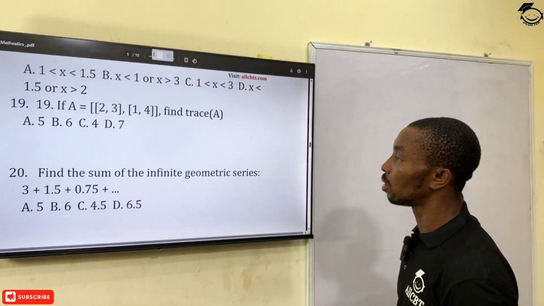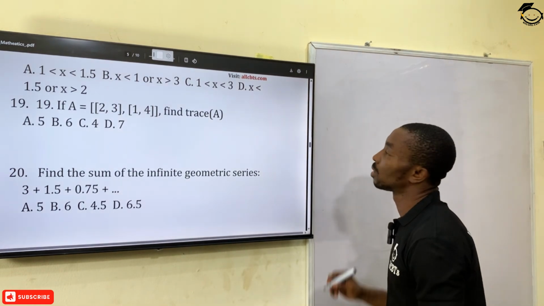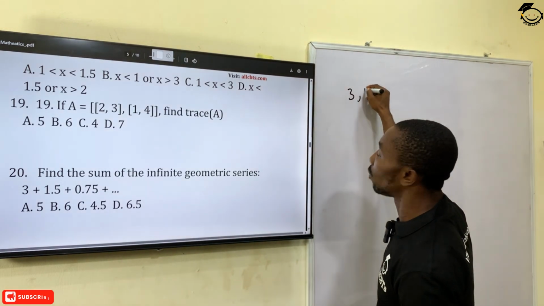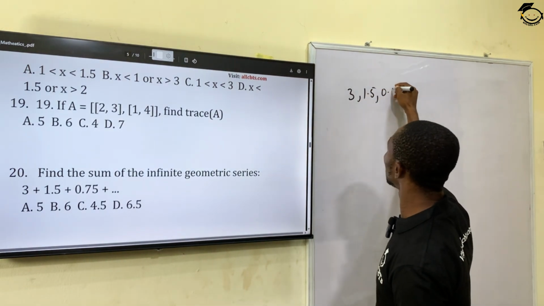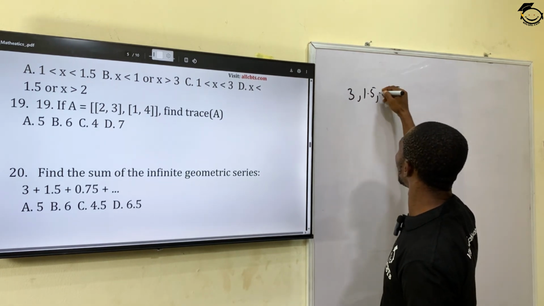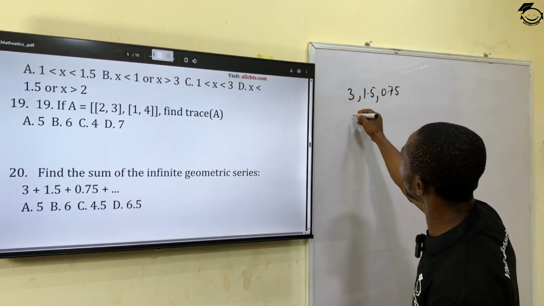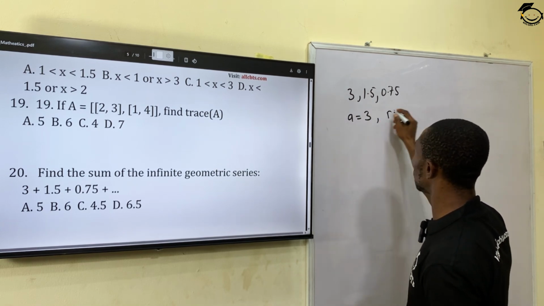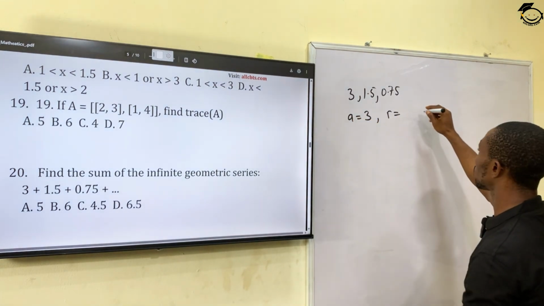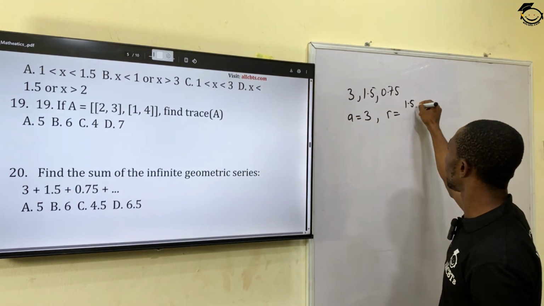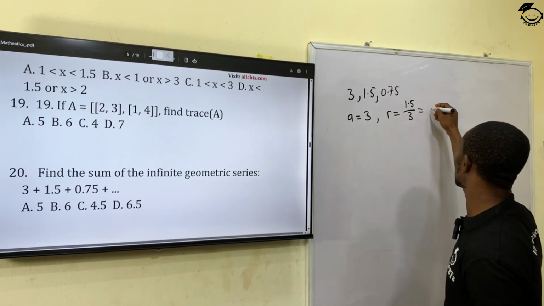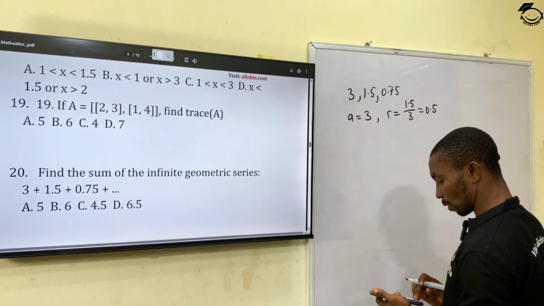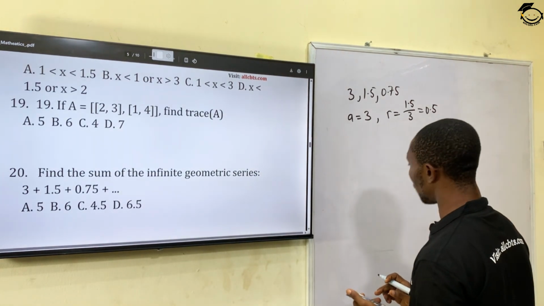The sum of the infinite geometric series. We have 3, 1.5, 0.75. Alright, since we're looking for the sum of this, we know that our a is 3, and our common ratio r, since it is a geometric series, will become 1.5 over 3, which will give us 0.5. 1.5 divided by 3 will give us 0.5.